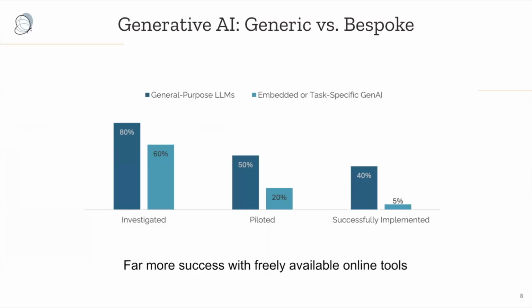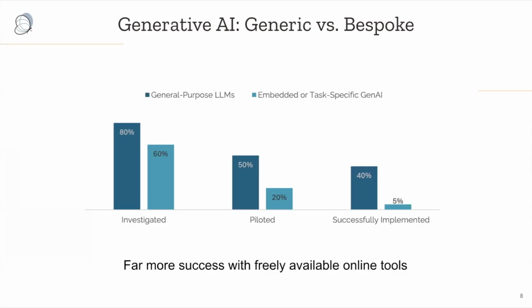The majority of the focus is on general purpose LLMs, and the fall off is less steep. So 80% have investigated, 50% have piloted, 40% have successfully implemented, that's sort of a 50% fall off from we looked at it to actually we got the thing working. On the bespoke or task specific, you go from 60% investigated to 5% having successfully implemented. So that's a massive fall off.